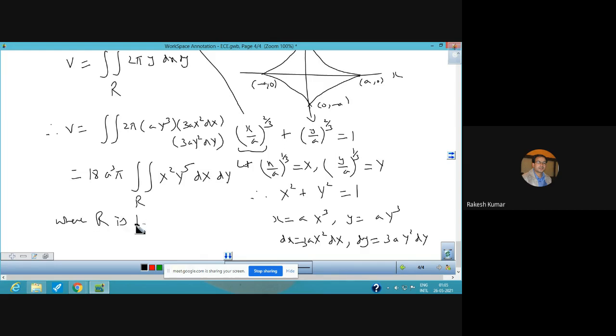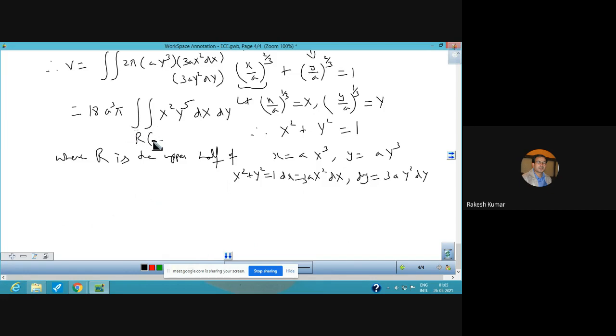Where capital R is to be evaluated over the upper half of the circle x square plus y square is equal to 1. Only the upper half. You can use the polar coordinates.